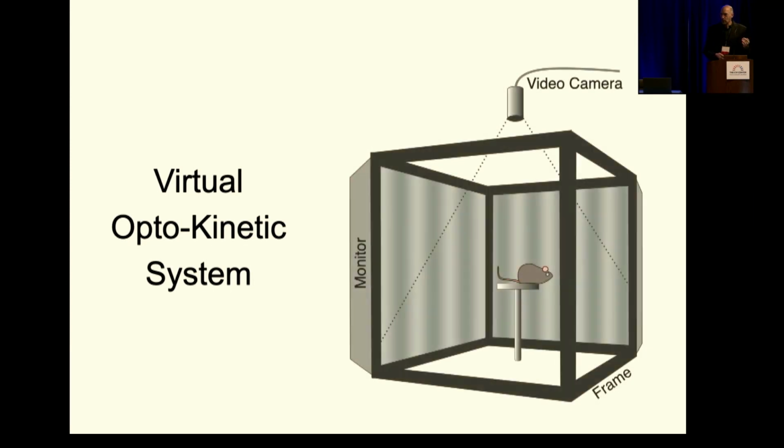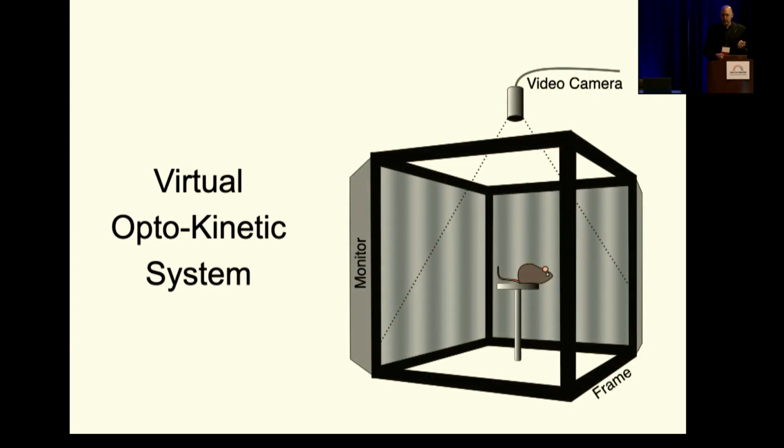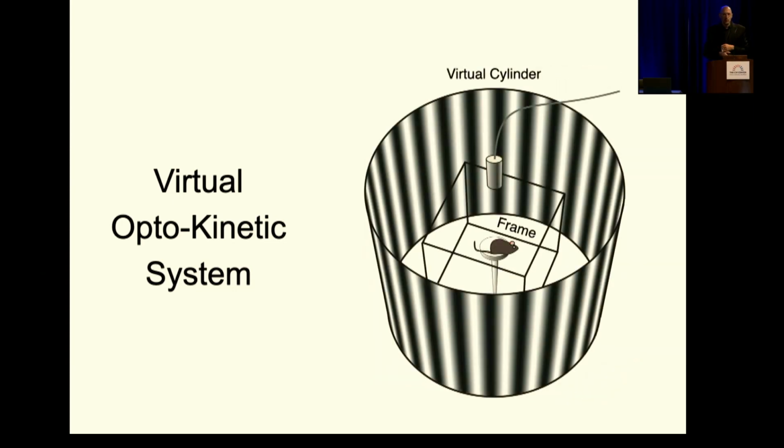We are known for having developed what we call a virtual optokinetic system. It's basically we place rats or mice into a virtual environment, and it's a computer screen walled room that we put them in on a little platform that freely can move, with a camera from above. What we do is this. We take these animals and create the illusion using gaming technology that they're in a virtual world.